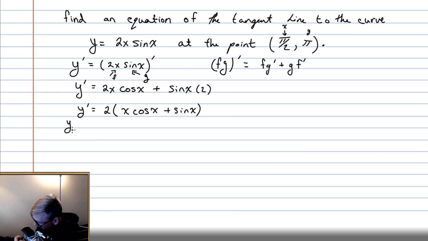So y prime of pi over 2 is 2, x is pi over 2, and cos of pi over 2. Oh, yeah, we're doing pi over 2. What is wrong with me? Sine of pi over 2.